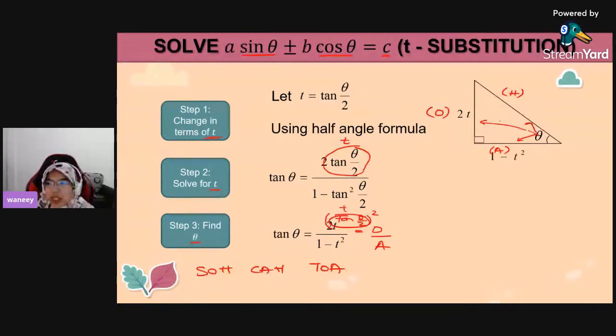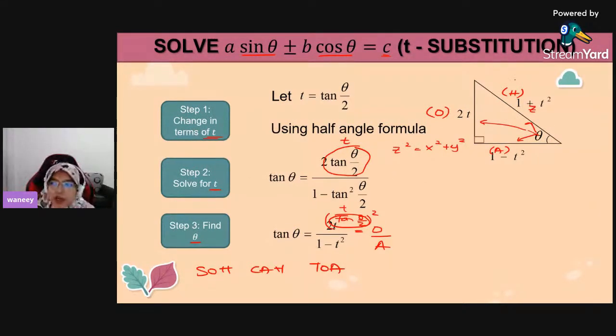You can actually use the Pythagoras Theorem. Let's say I call this one z, therefore z square is equal to x square plus y square. So you take 2t square and then you add 1 minus t square and then simplify them a little bit. Then you are going to get that z is equal to 1 plus t square. So we just need to use the Pythagoras Theorem in order to get the hypotenuse value.